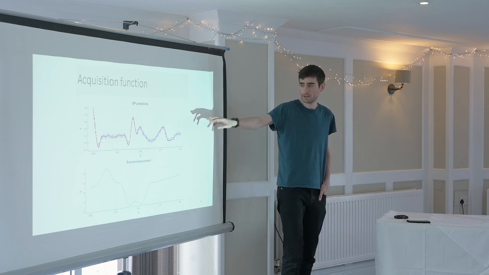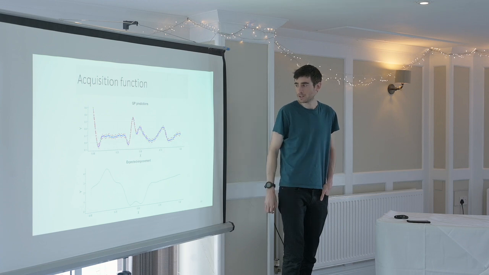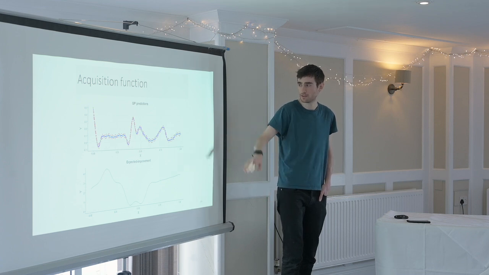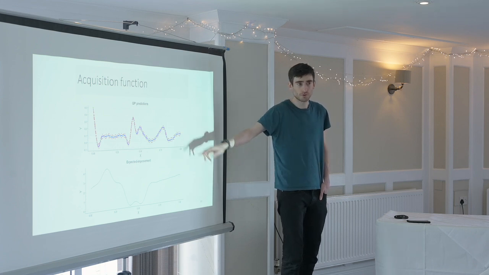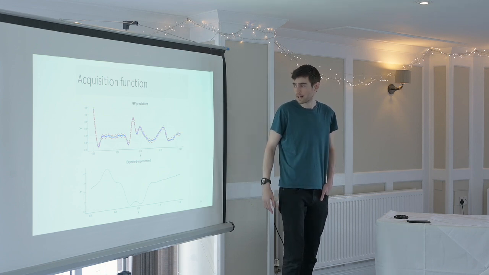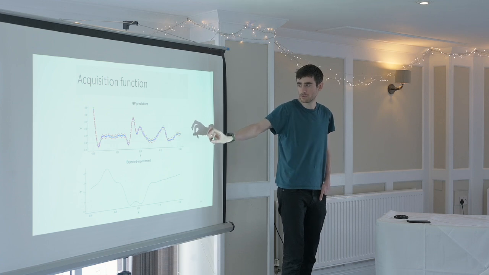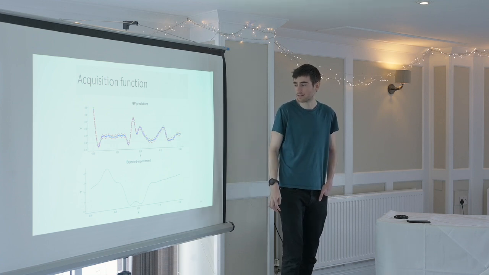In blue are the estimated means of the GP, and in red are the margins of error for each of the points. So the error is 0 at each true output, and outside of those, it forms bubbles because we're not sure what the true output is at those points.